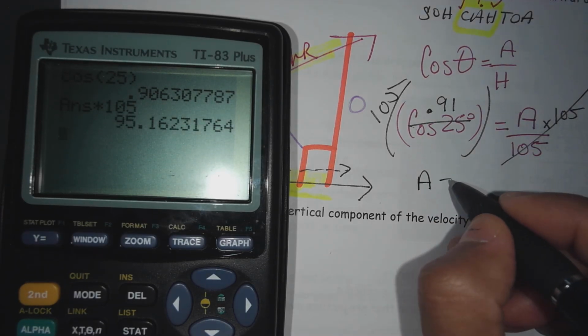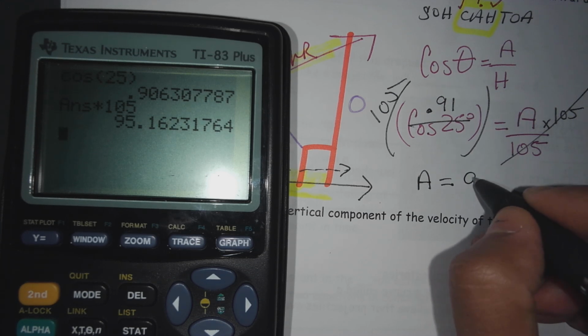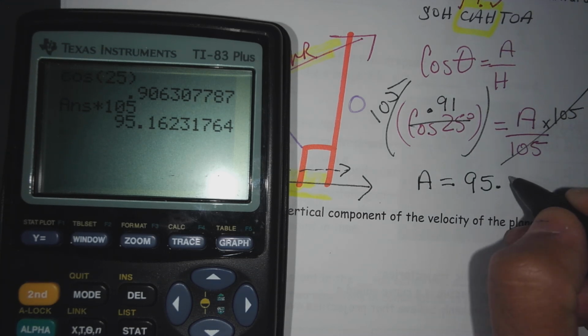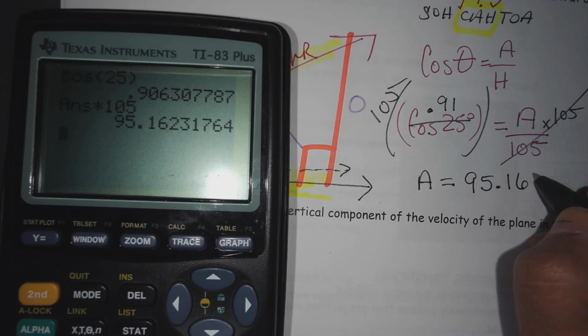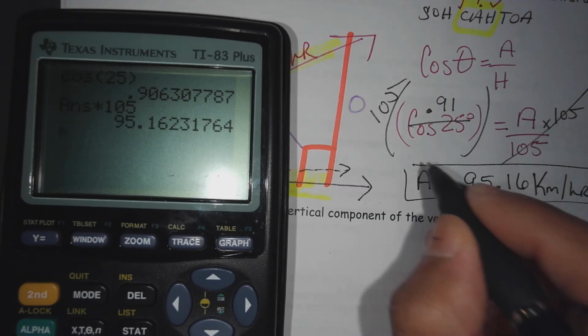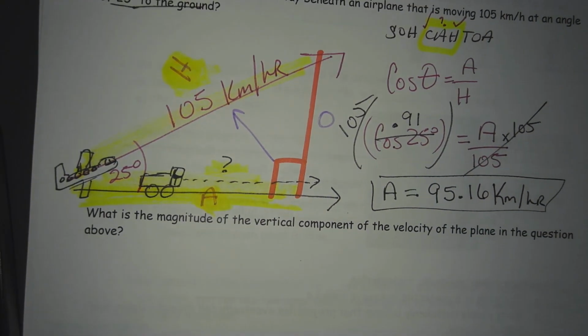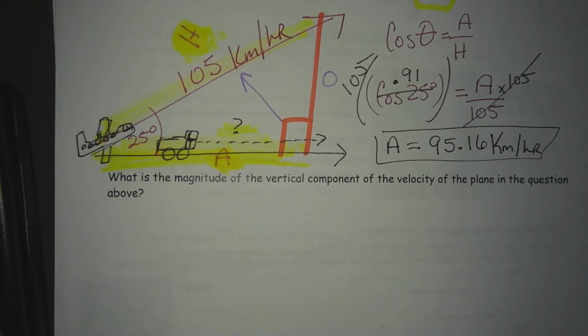The adjacent leg, or the speed of the truck, needs to be 95.16. Use the same units: kilometers per hour. That's it. This is what our quiz is going to cover.